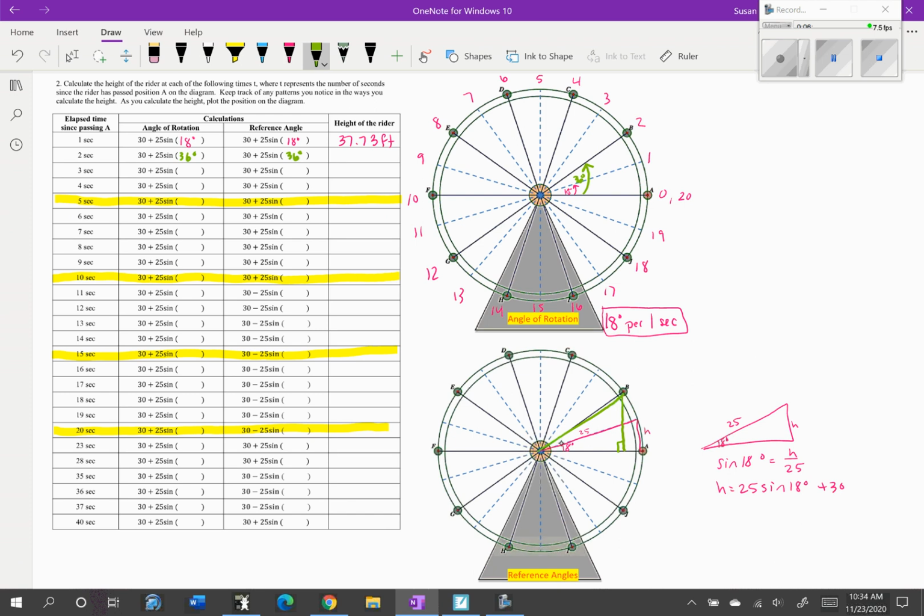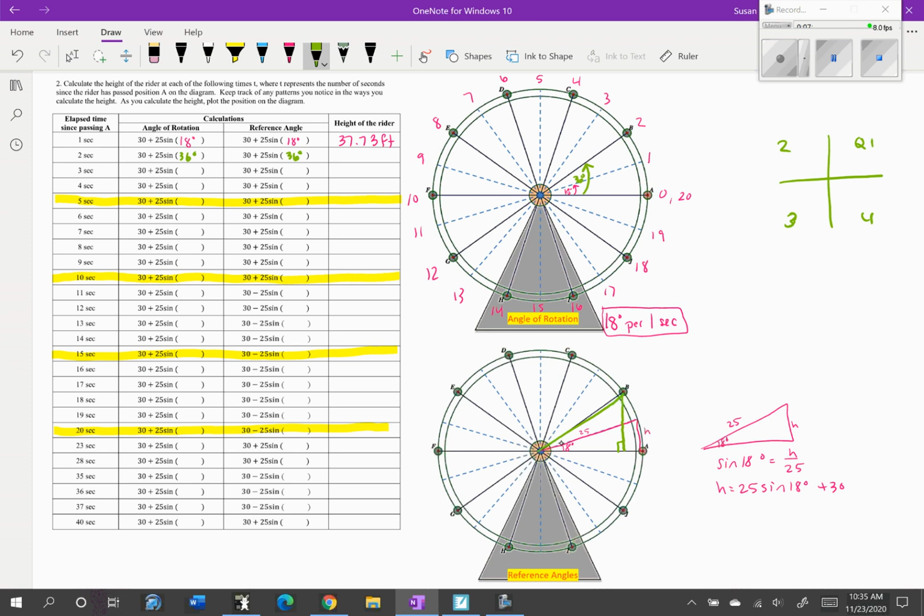Remember, we talked about reference angles before. Reference angles are the positive acute angle made with the terminal side and the shortest angular distance to the x-axis. So these are all acute in what we would consider the first quadrant. If we were to think about putting these on axes, this is quadrant 1, 2, 3, and 4. So they would be considered all acute in that first quadrant.